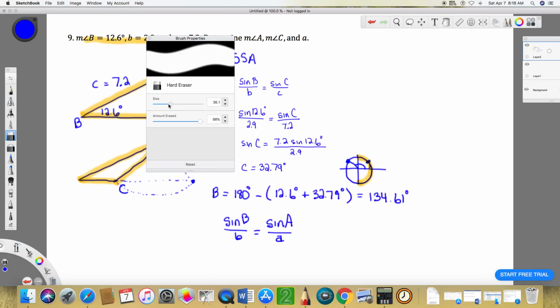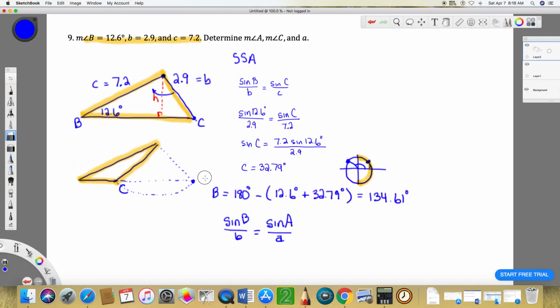That's why I'm hesitating here. It just didn't make sense, this is angle A, because I know the angle B. Sorry about that.